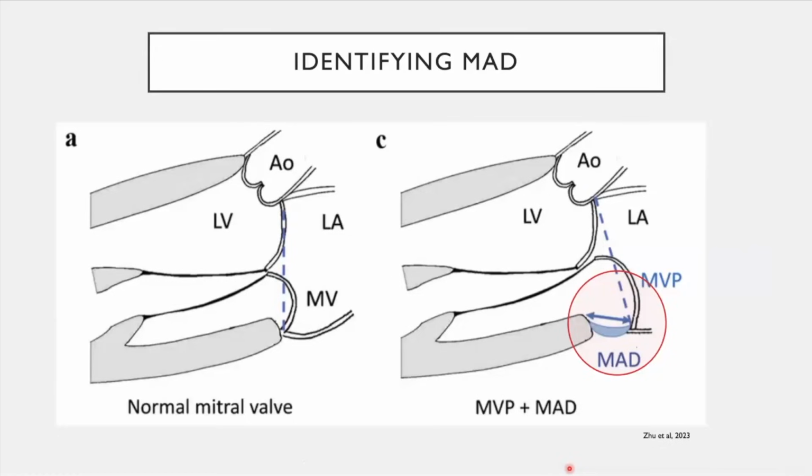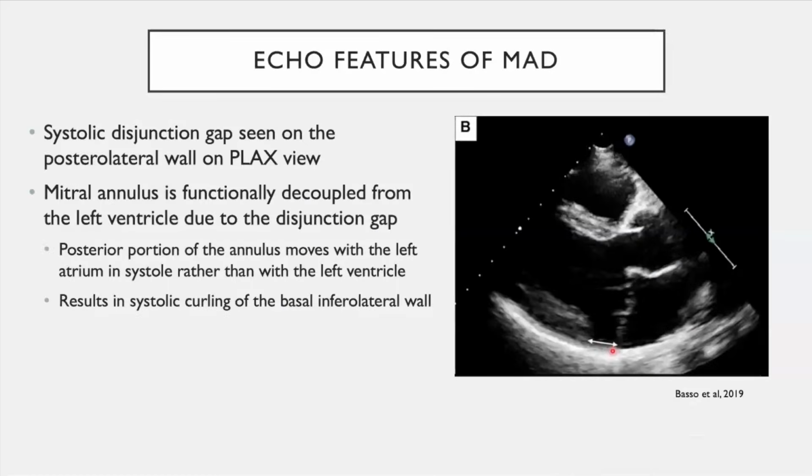Normally the mitral annulus is in close connection with the ventricular myocardium, and it creates a continuity between those structures, which provides additional support to the mitral valve apparatus. However, when you have a gap between the ventricular myocardium and the mitral annulus, this is called mitral annular disjunction, and it disconnects the ventricular myocardium from the mitral valve annulus, which causes its own issues that we're going to talk about in a bit more detail.